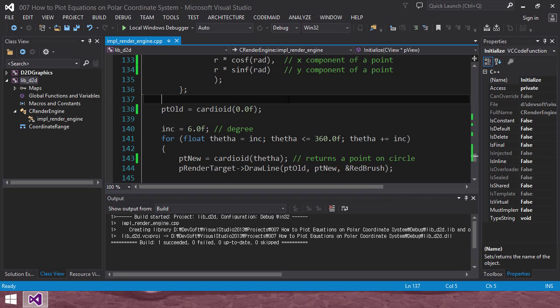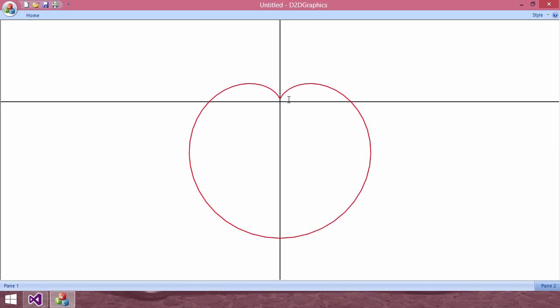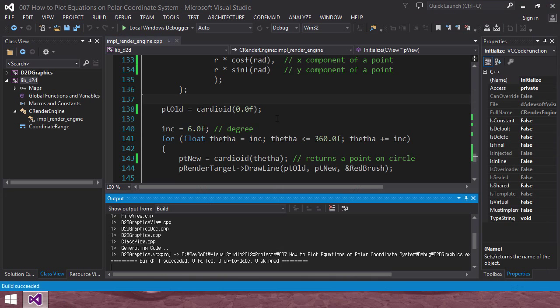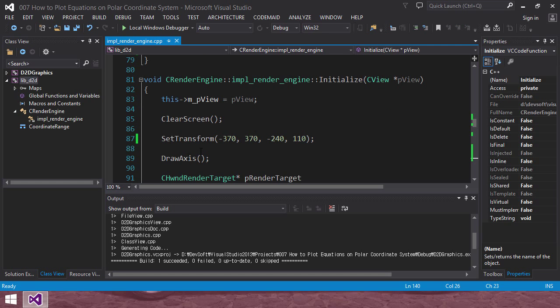Okay, now let's see our result. Wow, it's our heart. So we will remove the coordinate here and make it smoother. We will remove draw axis.